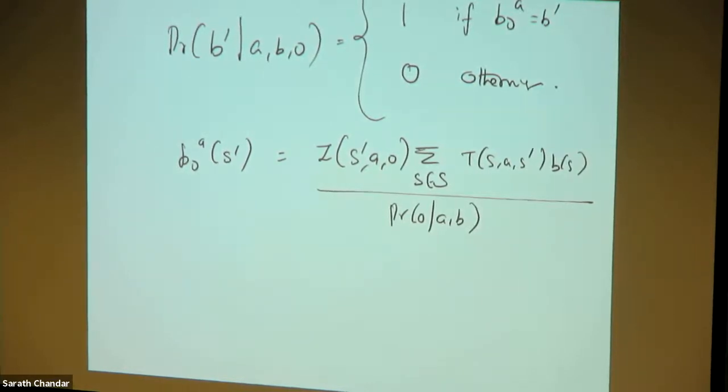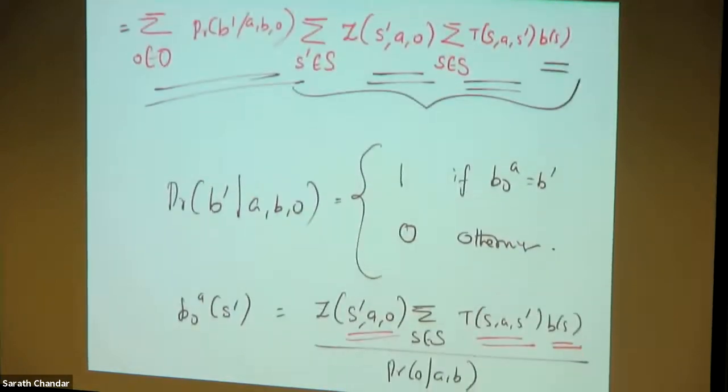So after taking action A and observing O, how is your belief distribution changing? What is the new belief state? The new belief state is given by a bunch of things: my current belief, where I transition, and how that results in the current observation. So this is my belief given the observation.